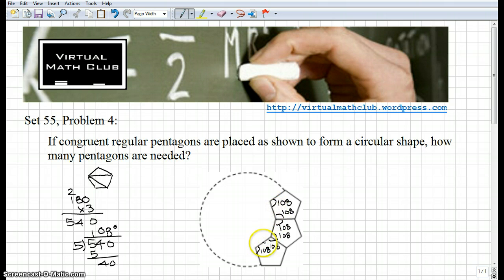So you can see the start of it is here. We have this side, this side, this side, and we keep going around. We don't know how many sides we're going to have. I'm just going to sketch in some, but you're going to have this n-gon, and so we just want to know what n is.